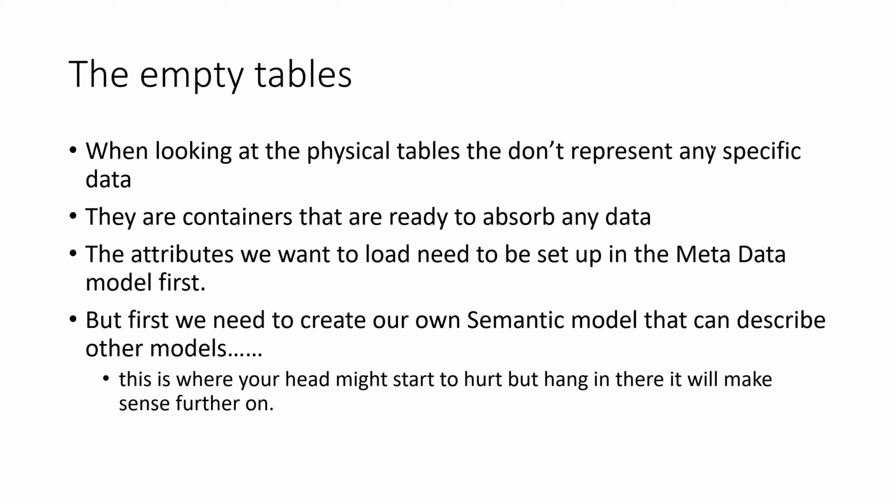And we need to create our own semantic model to describe other models. And this is a place where everything gets turned upside down from what you normally are doing. And remember, we are doing things differently because we want to have a specific effect in our architecture.